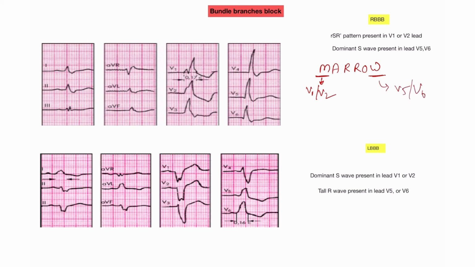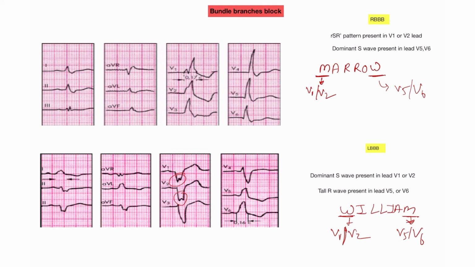But in left bundle branch block, you will learn the trick WILLIAM. In V1 and V2 you will see a W-like pattern, and in leads V5 and V6 you will see M-like patterns.